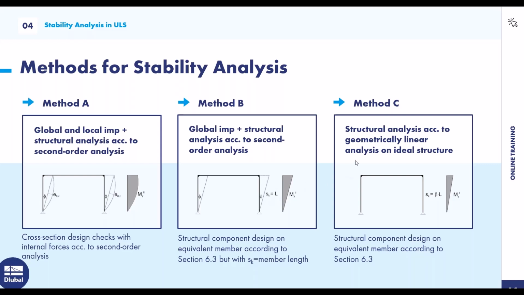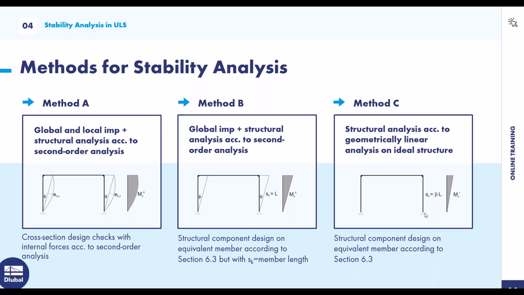Okay, then method C: structure analysis according to geometrical linear analysis on the ideal structure, but in that case with the real buckling length. Important to method C is that the structural component design can be carried out for flexural buckling with the internal forces according to the geometrical linear analysis, which were determined on the ideal structure without the use of imperfections.